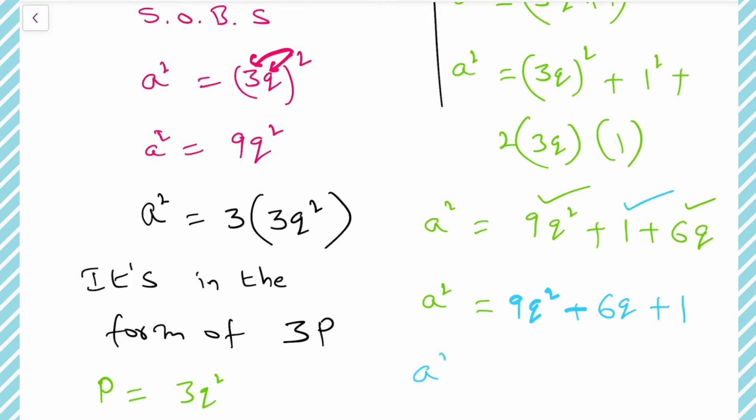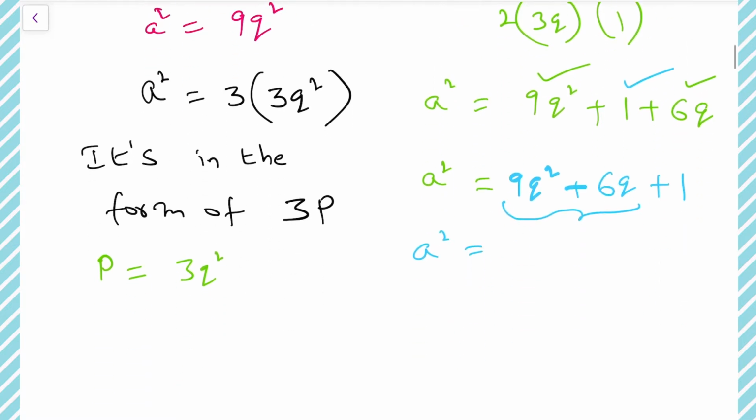Now a square equals, from the first term and the second term again I will take 3 common, because we need to show that compulsorily it is in the form of 3p plus 1 only. So that's why I am taking 3 as common. So what will remain then? 3q square plus 2q. From the last term we cannot take 3 common, so that's why I am writing that last term as it is plus 1.